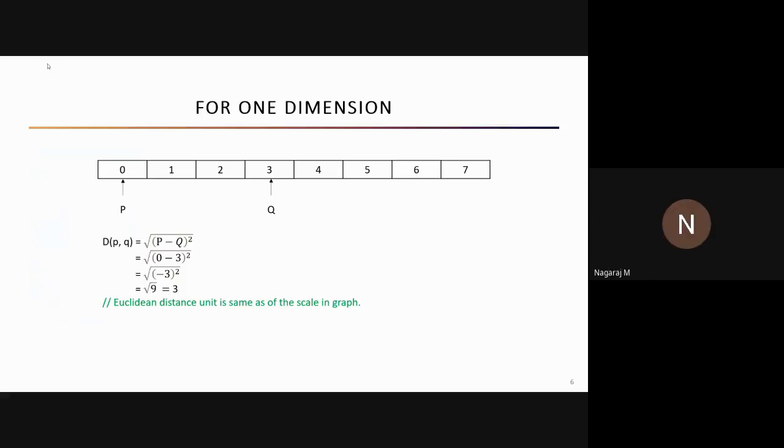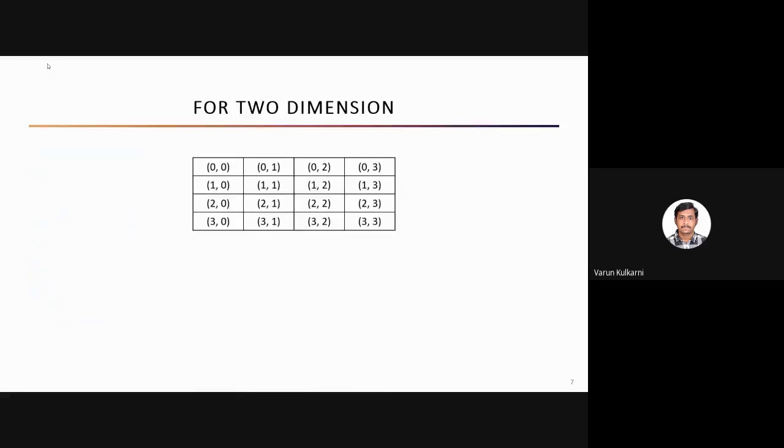Continue. And the units for the distance are the same as that of the scale taken in the graph. So this is for one dimension, and for two dimension I have taken a 4 cross 4 matrix as an example. P axis and Q axis. Now point 1 and point 2. We have P1 Q1 as 0 and 2, P2 Q2 as 3 and 3.